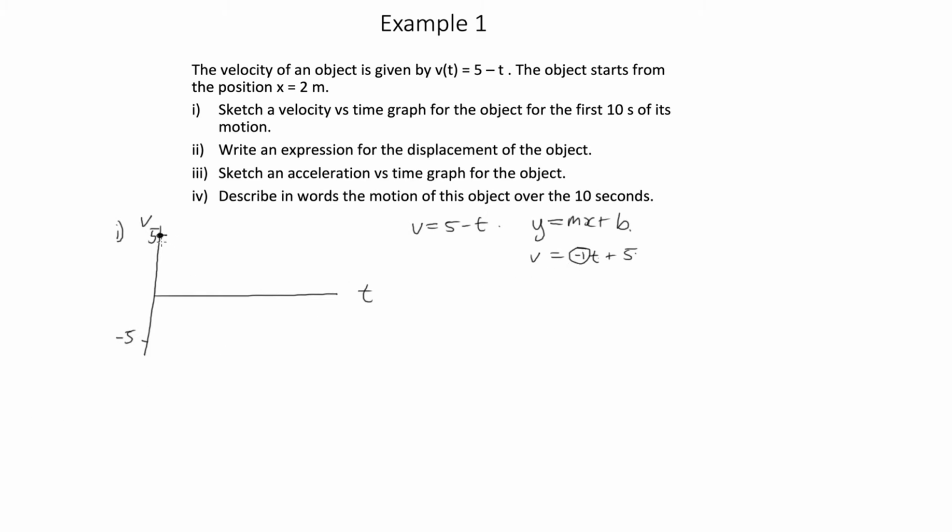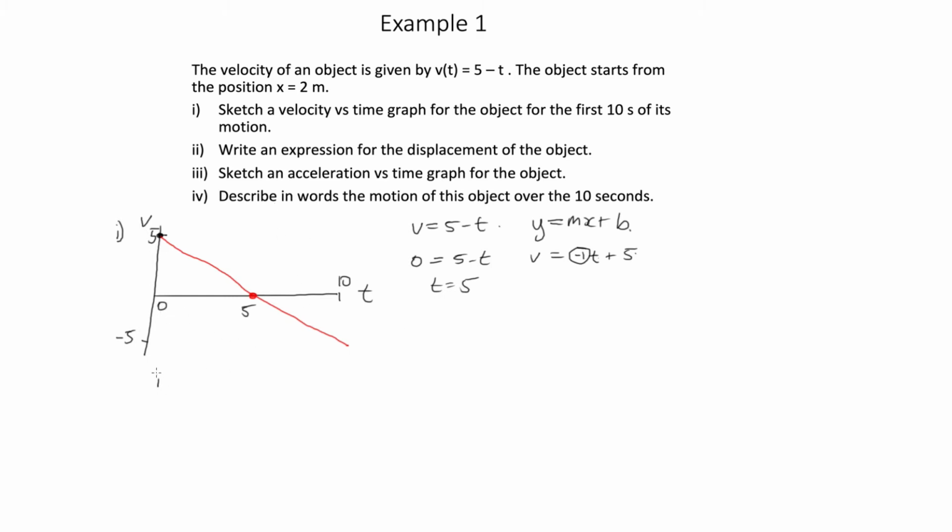So we can draw this as a straight line, and it crosses through here. v is equal to 0 when t is equal to 5. So that's at 5 seconds, and this is at 10 seconds, and that's at 0 seconds.